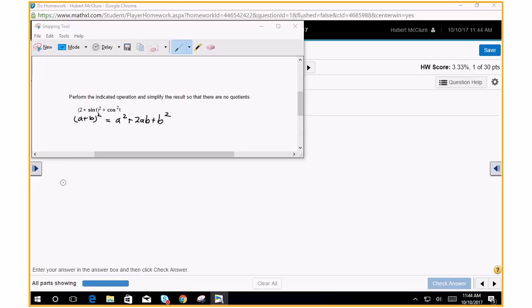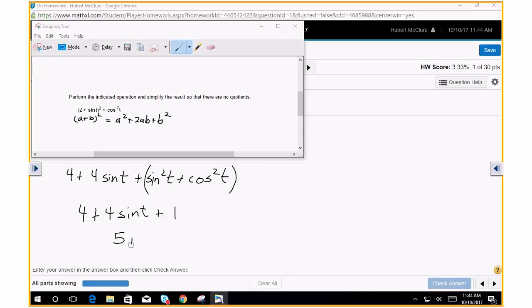So I'm going to make that 4 plus 2 times 2 is 4 sine of t plus sine squared t plus cosine squared t. And what's that? 1. 4 plus 4 sine of t plus 1, 5 plus 4 sine of t. Now, I don't know if that's what they want, but I don't see any quotients.